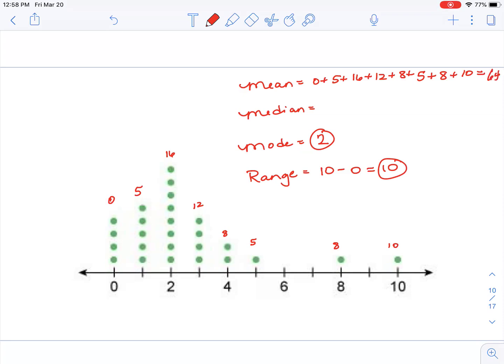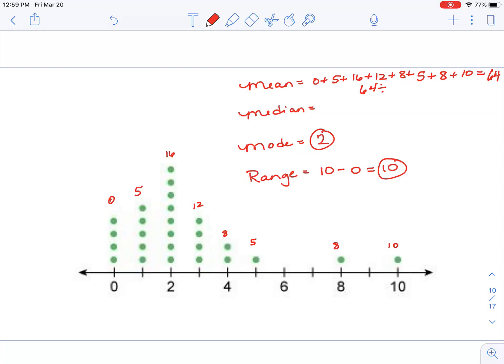I'll add that again, since that is not neat. And I got 64 again. Now I'm going to divide that 64 by how many dots literally are on this dot plot.